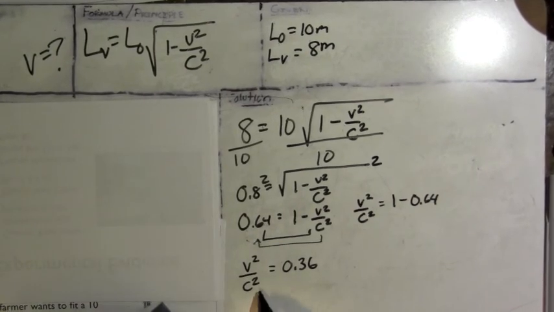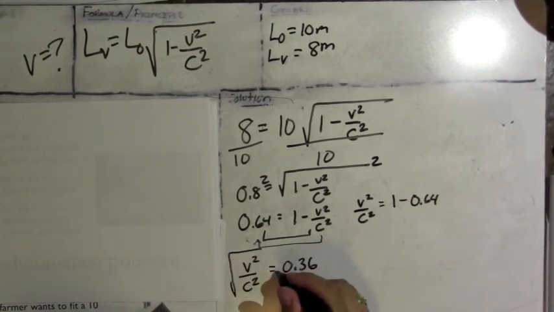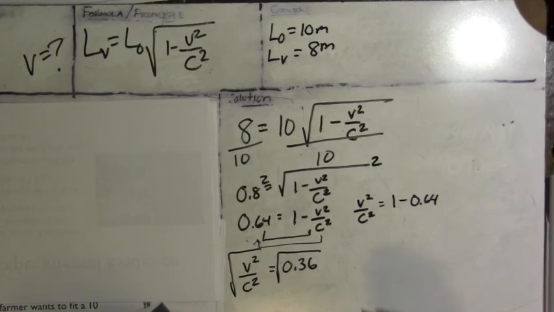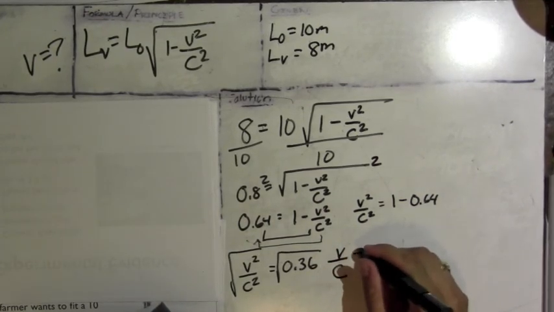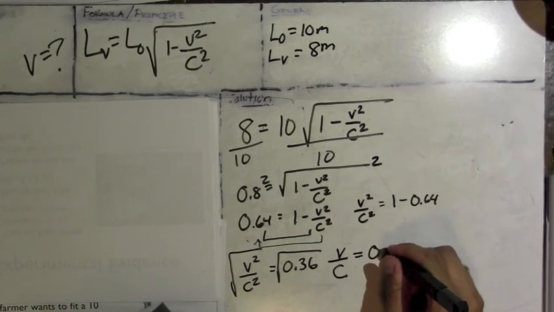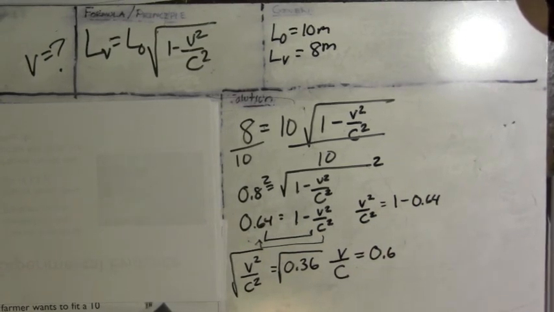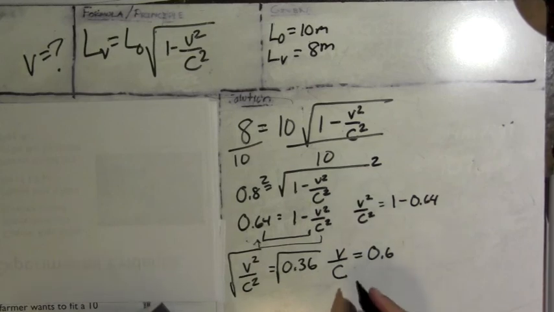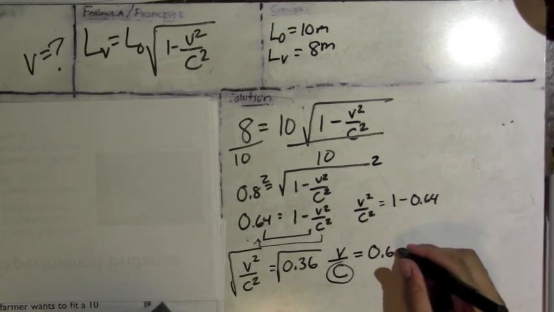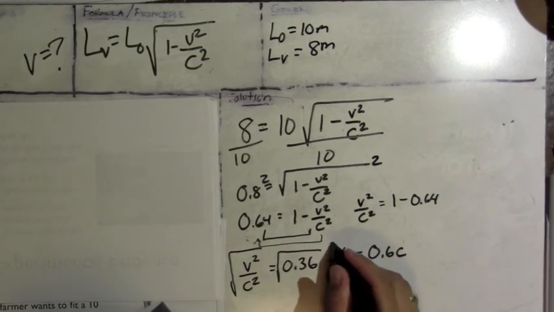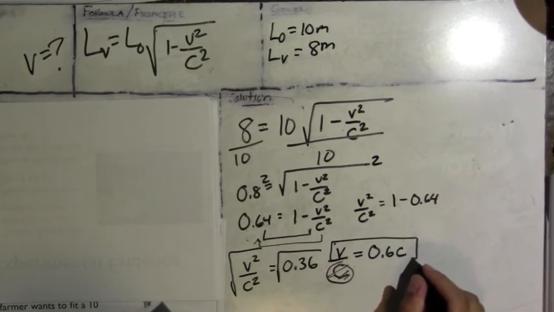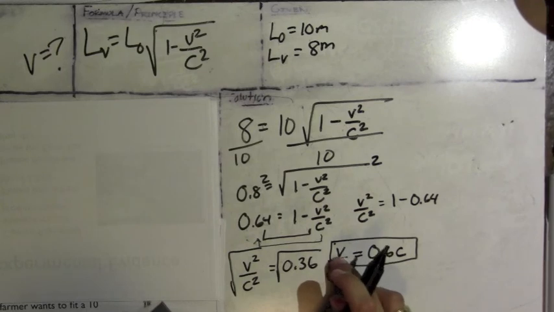Now you've got the squared term on both of these, so you can take the square root of both and get V over C equals 0.6. Now, you know what the speed of light is, so you multiply both sides by C, and you get V, the velocity, equals 0.6 C.